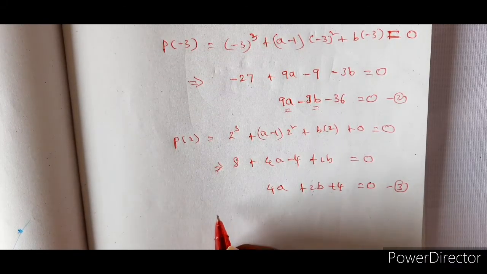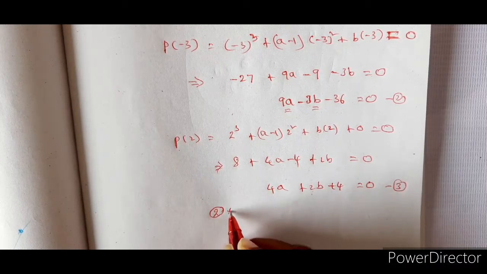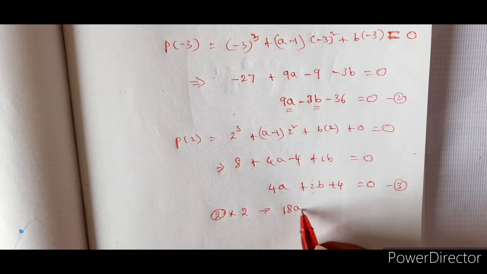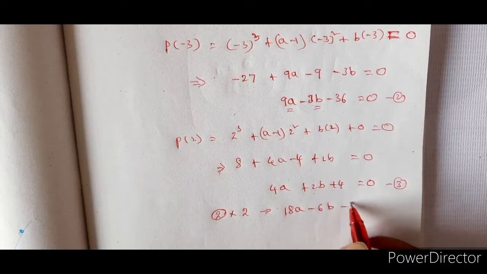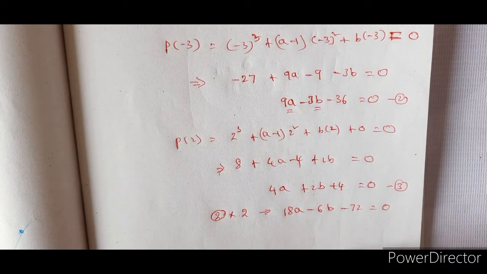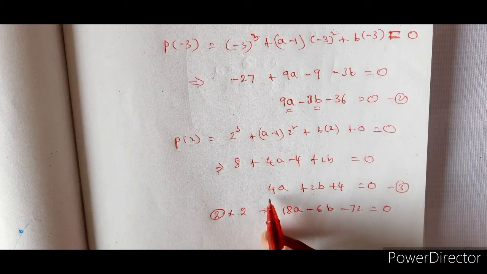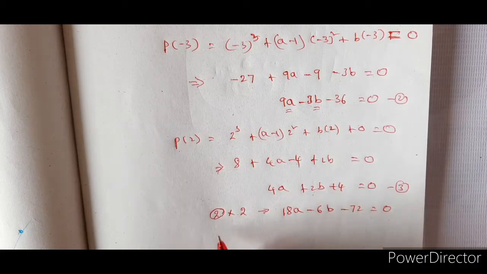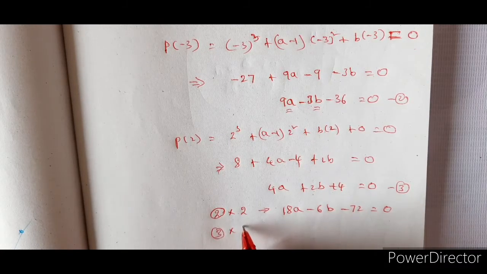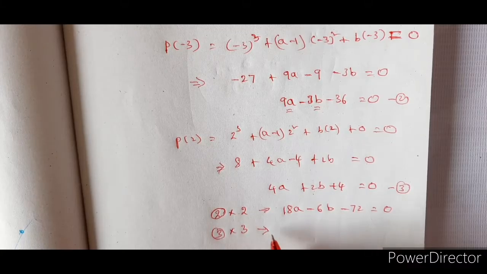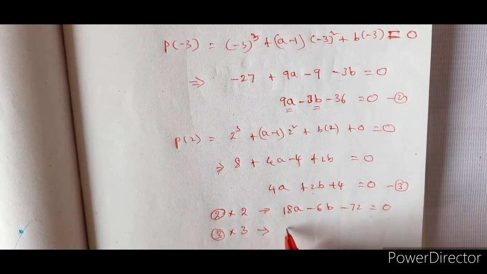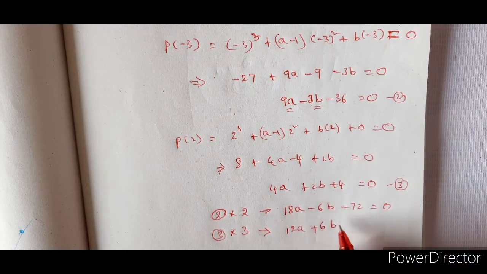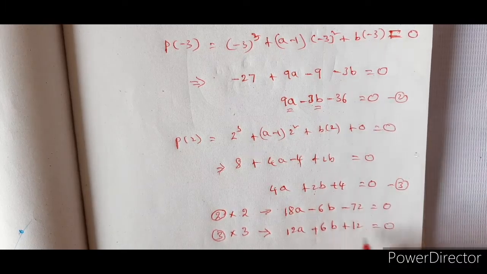So now I'll do equation 2 into 2, which is 18a minus 6b minus 72 is equal to 0. Third equation multiplied with 3 now. So what is this one? 3 fours are 12a plus 6b plus 12 is equal to 0.